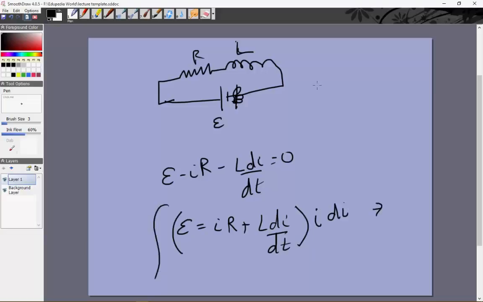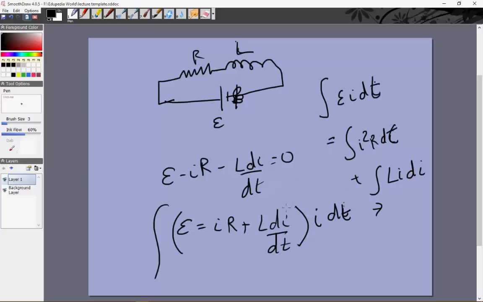So what that will give me is integral of E I dt is equal to integral of I square R dt plus integral of L I di, sorry, this should be dt, right?